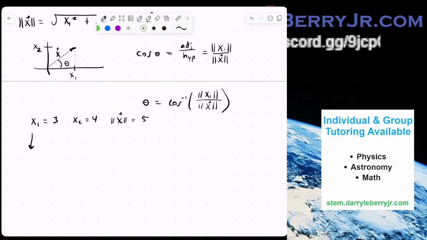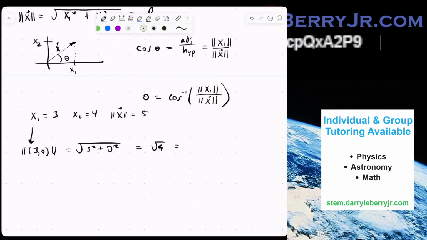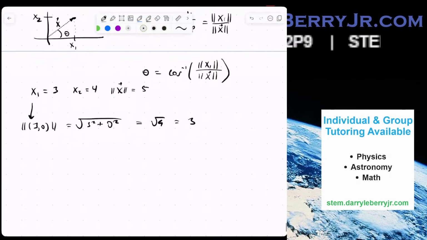And the magnitude of the adjacent is going to be the magnitude of 3, 0, which is the square root of 3 squared plus 0 squared, which is the square root of 9, which is 3. And we know if the magnitude of x is 5, we need the square root of the two things to sum to 25.